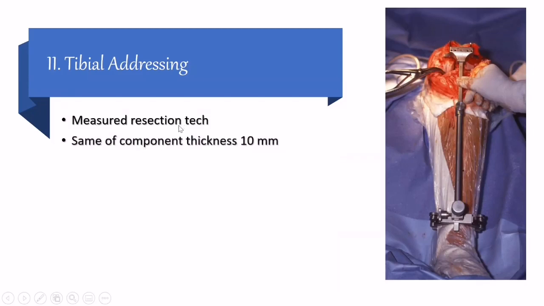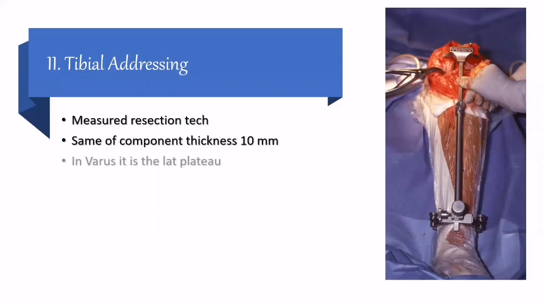What we measure in the resection is that when we have got the external or internal guide, you can measure from this one up to the resected distal femur, either in extension or in flexion. In general, you can see that the component thickness is 10 millimeter from the proud or more prominent plateau.